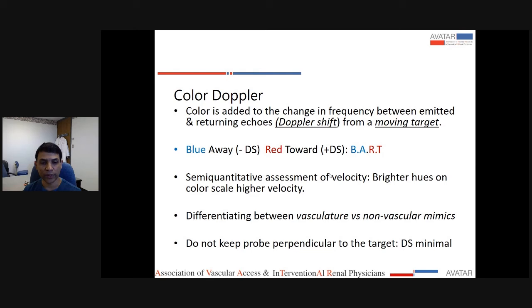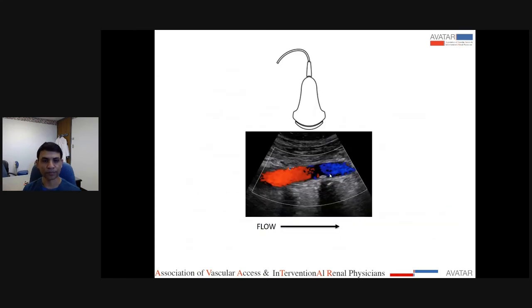If you have two anechoic structures and you're not sure if these are vascular, you turn on the color Doppler portion of the machine, and if it generates a color, then that particular structure is a vascular structure. As opposed to the B mode, it is important not to keep the probe perpendicular to the structure of interest, because at this angle, the Doppler shift is minimal.